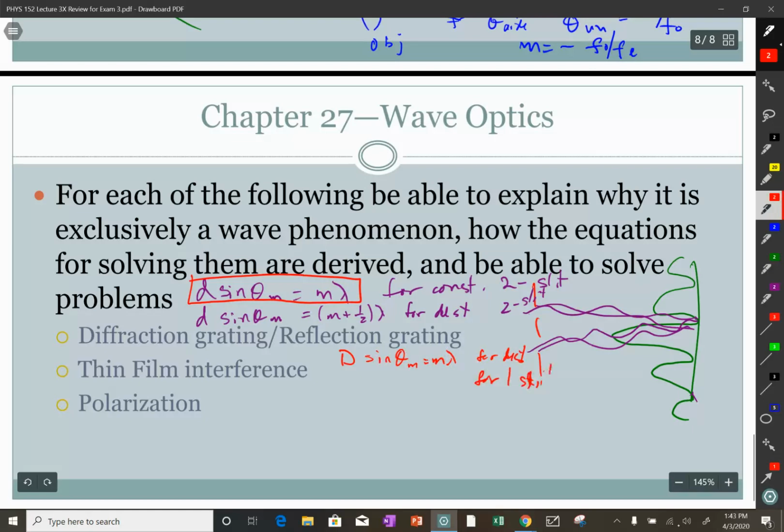And with the one slit, capital D is the slit width. For two or more, lowercase d is the slit separation. In both cases, m was any integer.